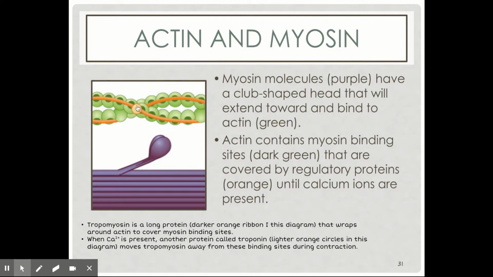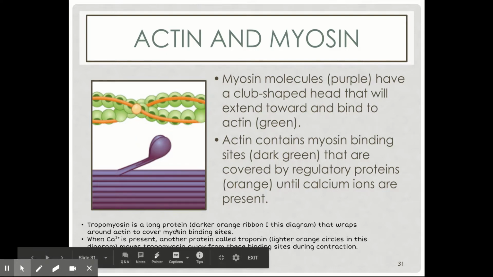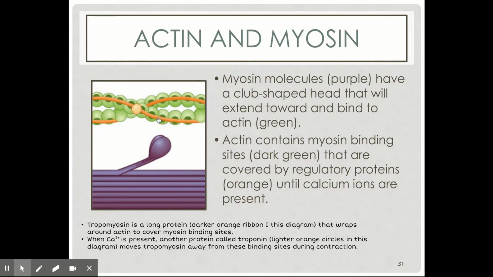So in this specific diagram, you have a couple of things. Your tropomyosin is going to be this longer protein, this dark orange structure that will wrap around the actin to cover the myosin binding sites. So tropomyosin blocks myosin.